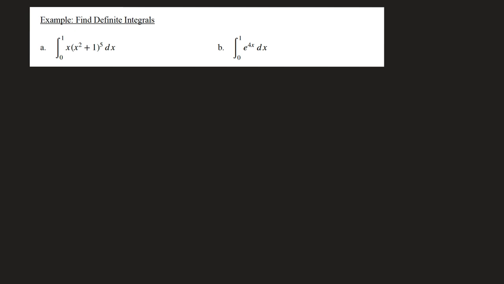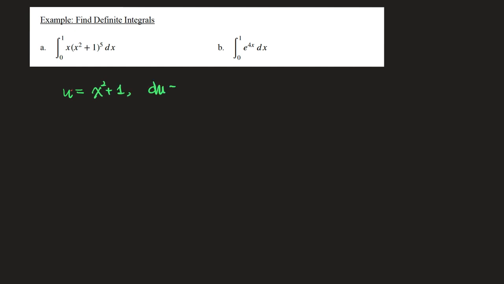Now, you and I are going to try to evaluate definite integrals, guys. Let's try these two examples first with me. On this side, what is u? I decide u is x squared plus 1, right?